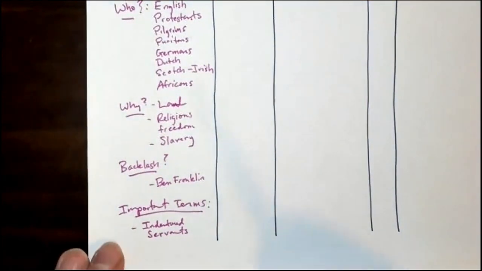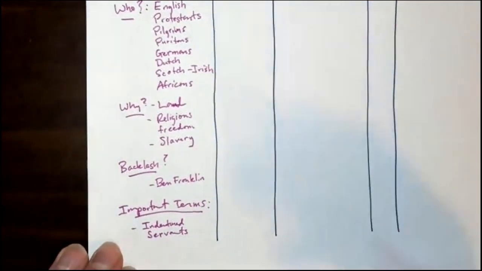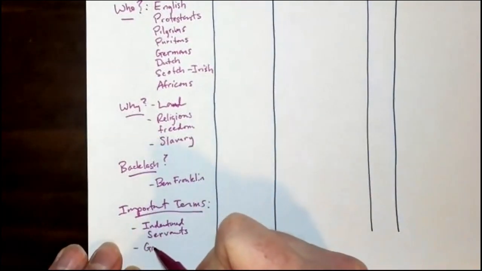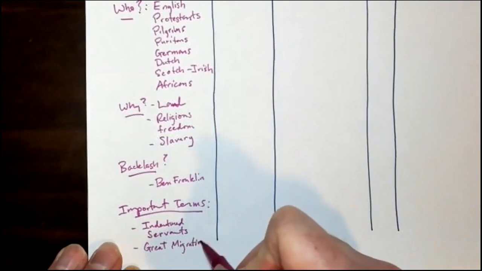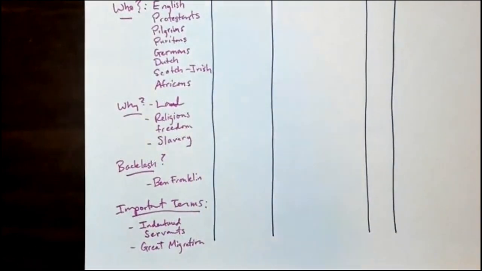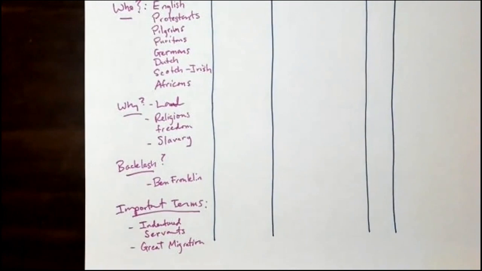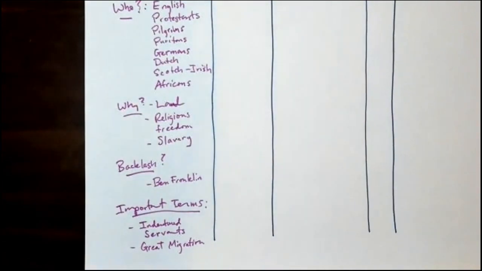Another term that you should know, more associated with the Puritans, would be the Great Migration. The Great Migration represents the flow of Puritans coming into New England in the years following 1630. And they represented a huge population boom to areas like the Massachusetts Bay Colony.